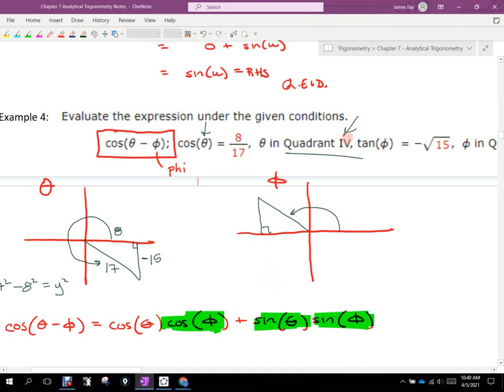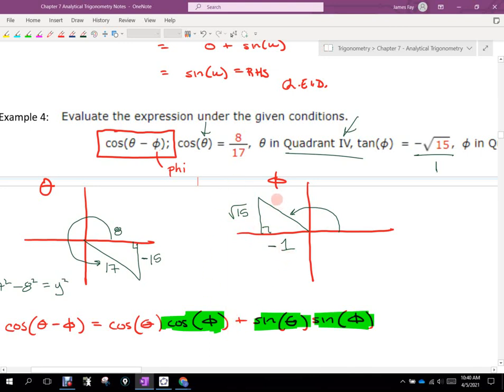Tangent is opposite over adjacent, so I need a fraction here. My fraction is going to have a denominator of 1, and the numerator will be radical 15. Now, which one of those is the negative? The 1.